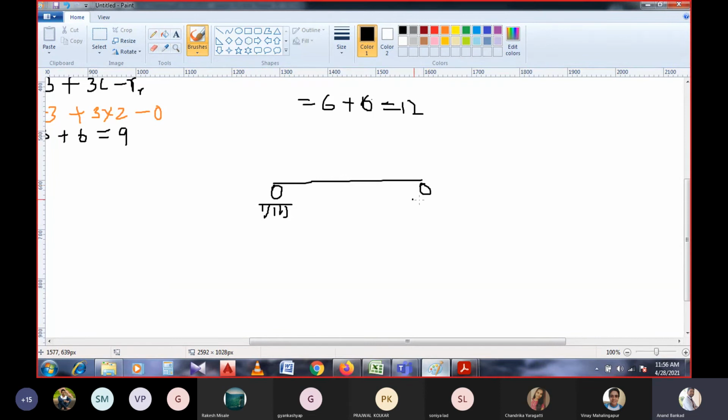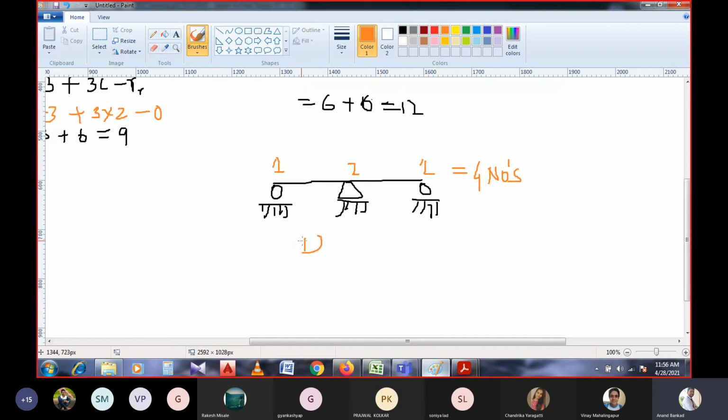We have 4 reactions. 1 over here, and that is hinged one, right? So here we have one reaction, here we have one reaction, here we have 2 reactions. Altogether 4. Correct? So 4 reactions are here.